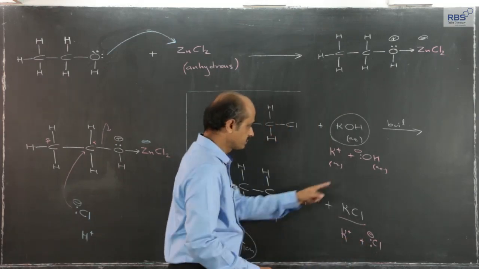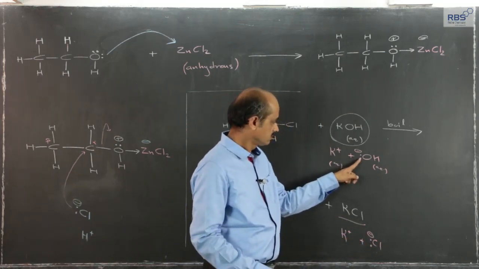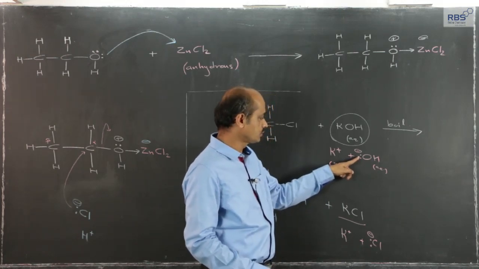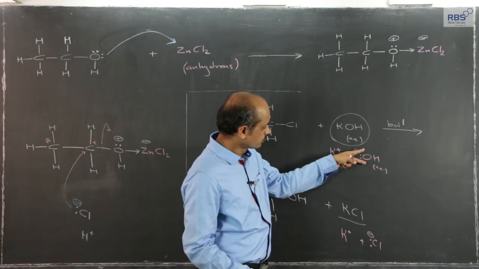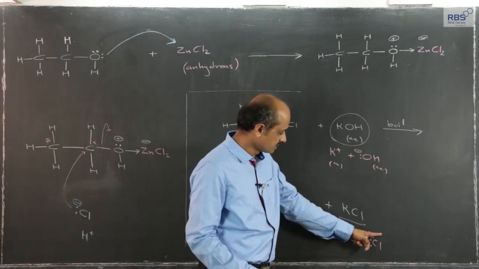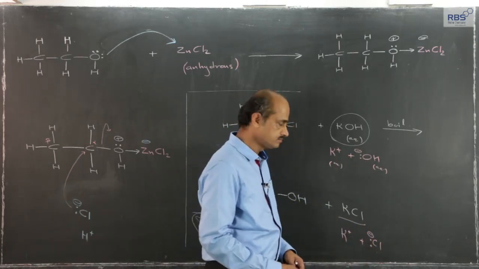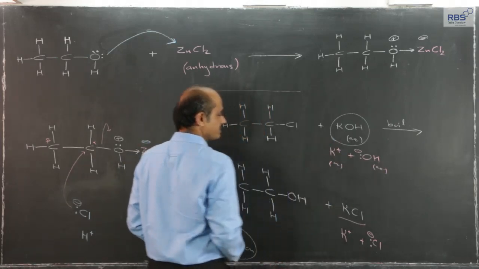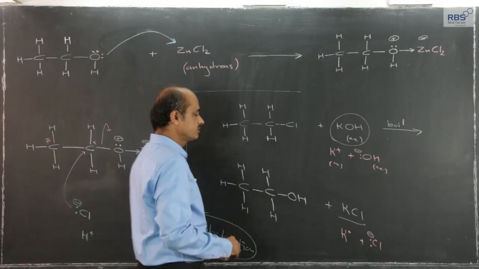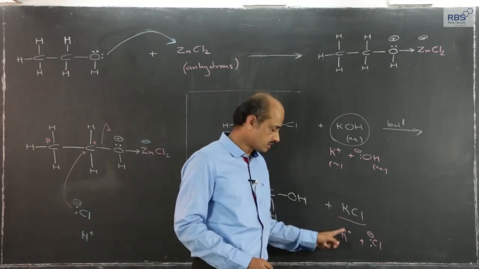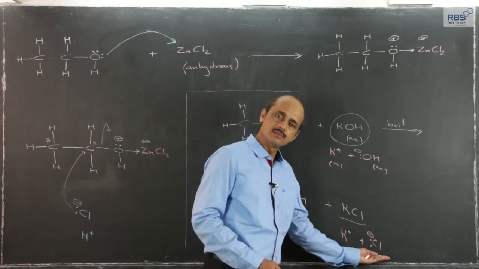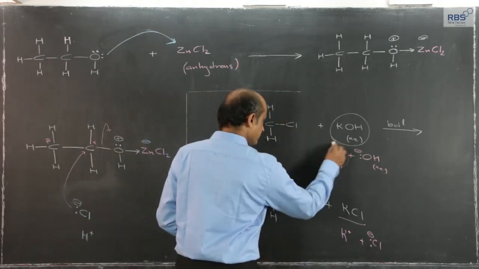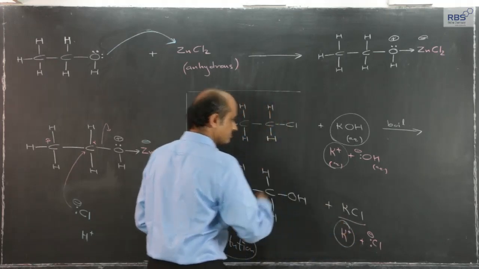The electron pair is responsible for the charge, the unpaired electron of oxygen, and the routine 2 lone pairs are always there. Here 3 lone pairs are there, I have not shown. So, KOH in aqueous solution is present in the form of K plus and free OH minus ions. After the reaction is over, KCl in aqueous solution is present in the form of K plus and Cl minus ions. Means K plus remains K plus in this reaction.